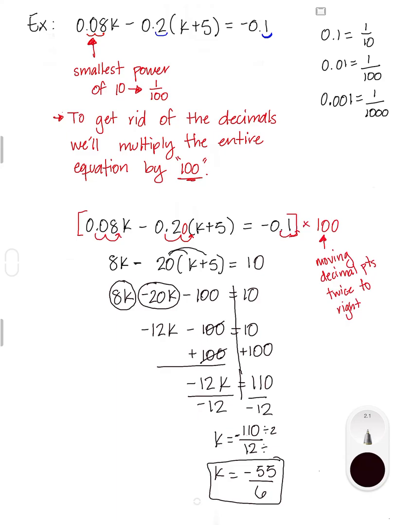Every single decimal in the equation will have a movement of the decimal point twice to the right, because we're multiplying. So this was twice as well.